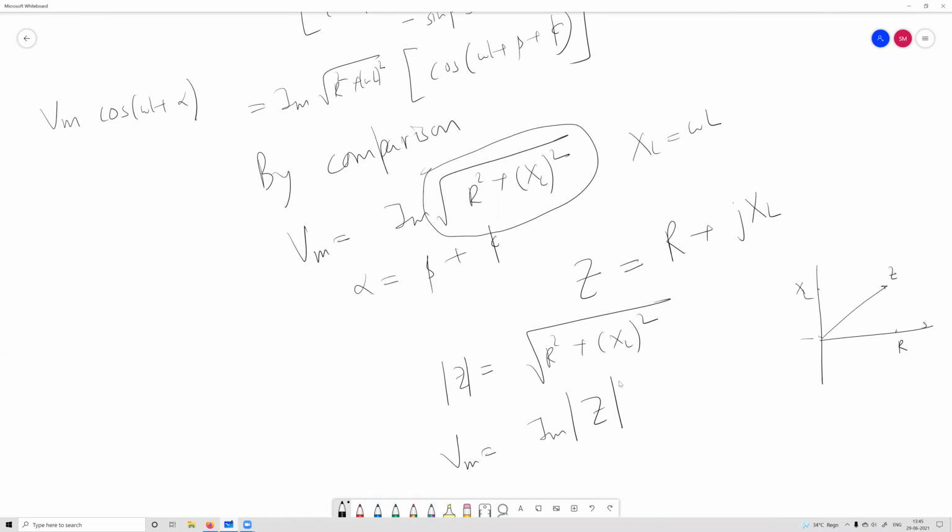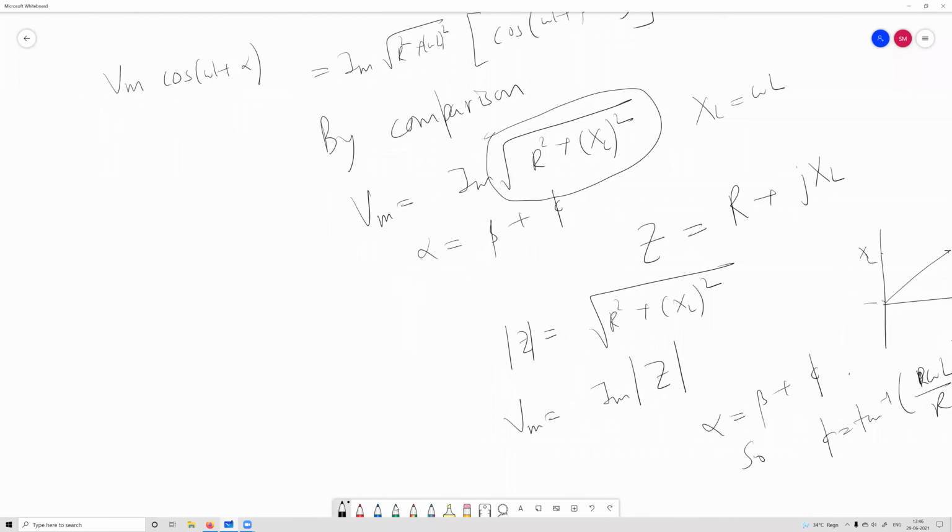Second thing, alpha equals beta plus phi. So the voltage is leading the current by an angle phi, where phi is equal to tan inverse of omega L by R. So how will the phasor diagram look in this case?